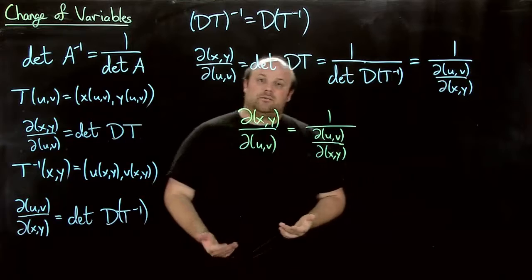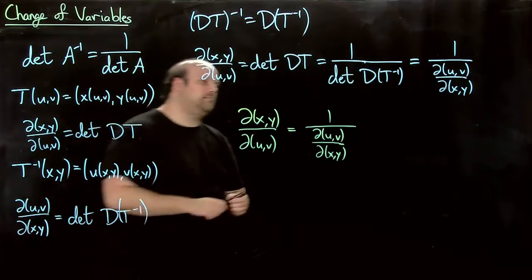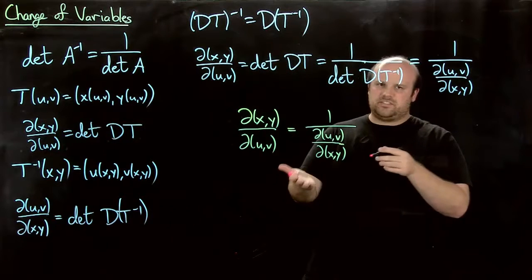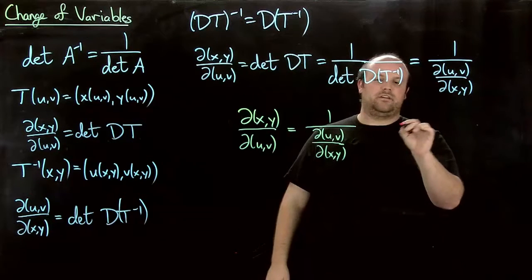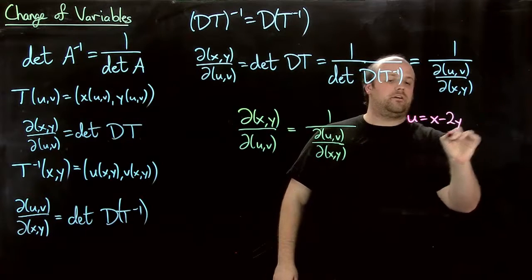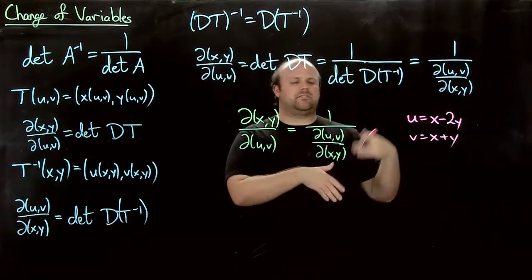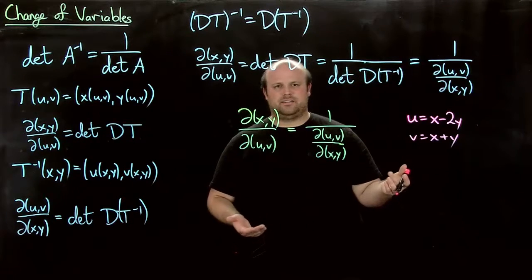And this can be very helpful. Again, like last time, let's just do this as an example real quick. Last time we decided u was x minus 2y, v was x plus y. And then we had to do all this solving for x, solving for y stuff.